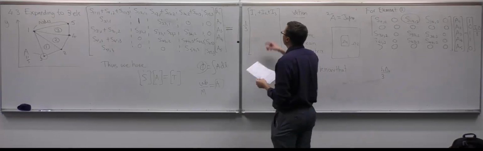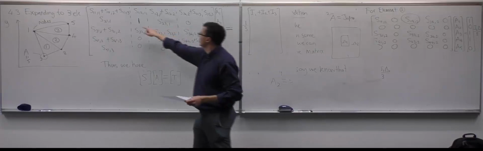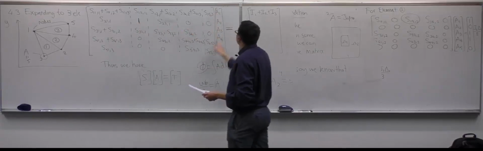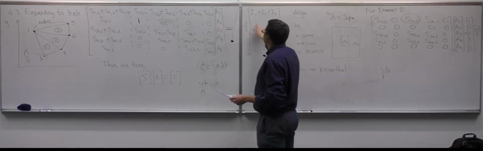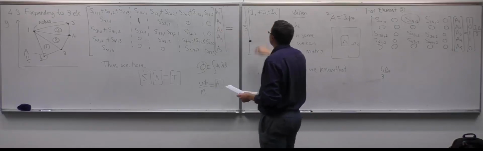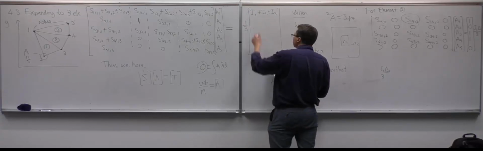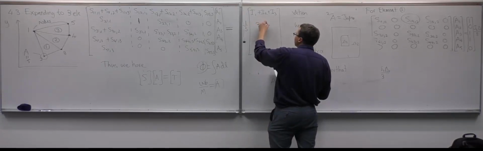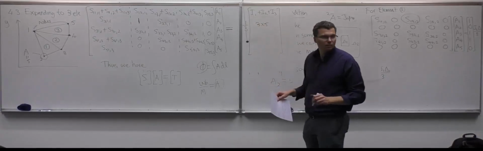But the second term is associated with A2. So if we come across and multiply, we need A2 to equal 5. So what does this have to be here? 3 times 5, right? So that's actually 1 divided by that? Yeah, 1.